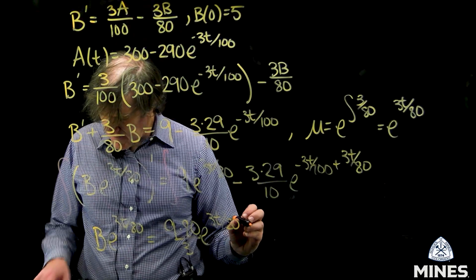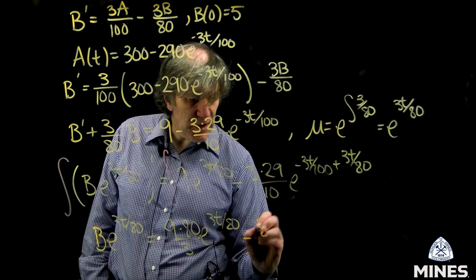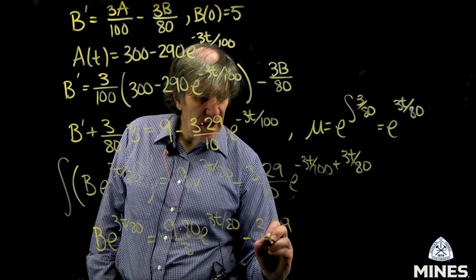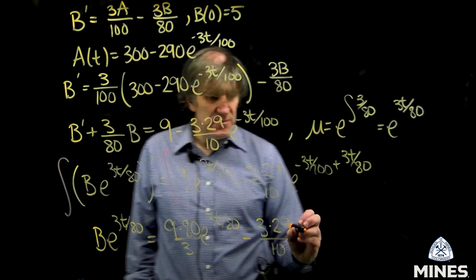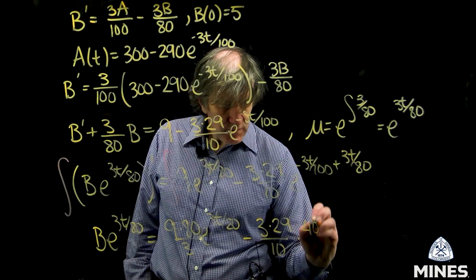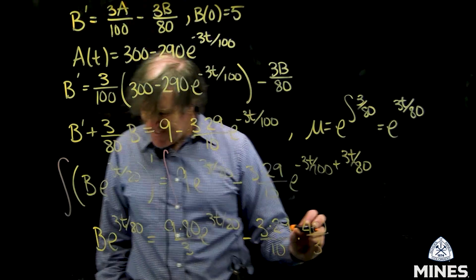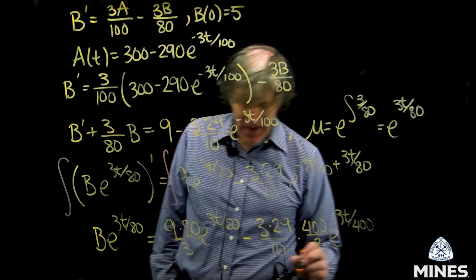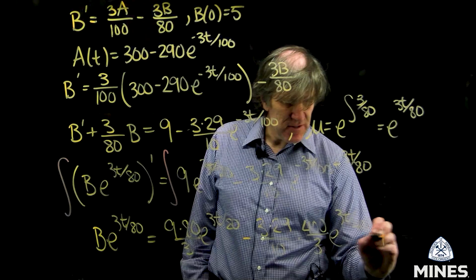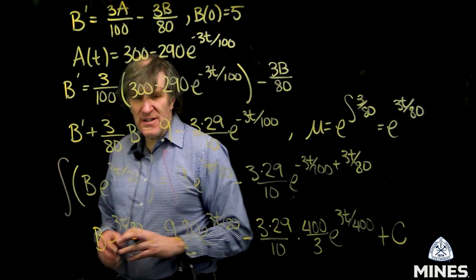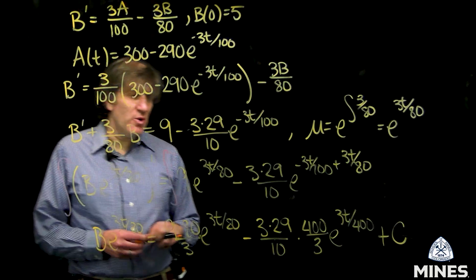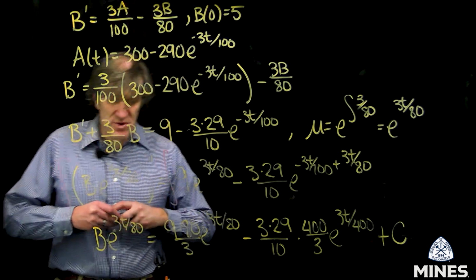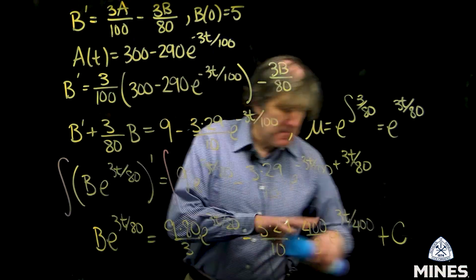We have minus 3 times 29 over 10 times 400 over 3 times e to the 3t over 400. And then we have a plus c. So that is integrating both sides. We are only a few steps away from the solution now. Let's keep going.